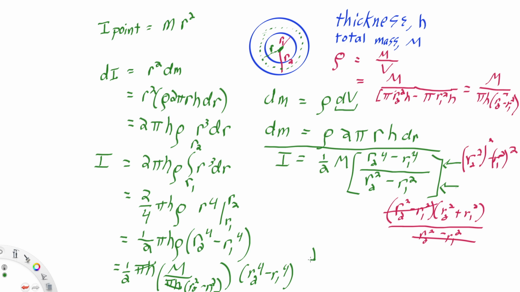And our final answer, the moment of inertia, is 1/2 m times r2 squared plus r1 squared. Yep, good job, Roberto and Trainmaster. That's a tricky one to see, but it looks so much better when we've simplified it in this way.